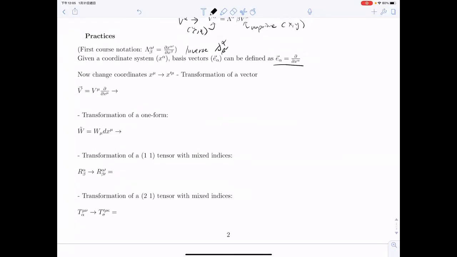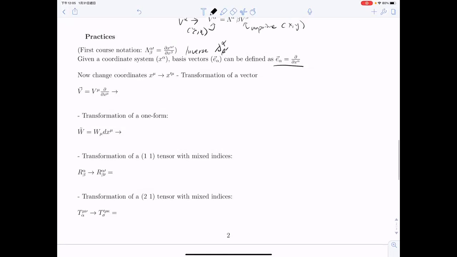Now change the coordinate system from x mu to x prime mu. Consider the transformation of a vector. In some textbooks, we change the basis vector to be a mu, and this must be times a coordinate transformation, let's say rho mu.